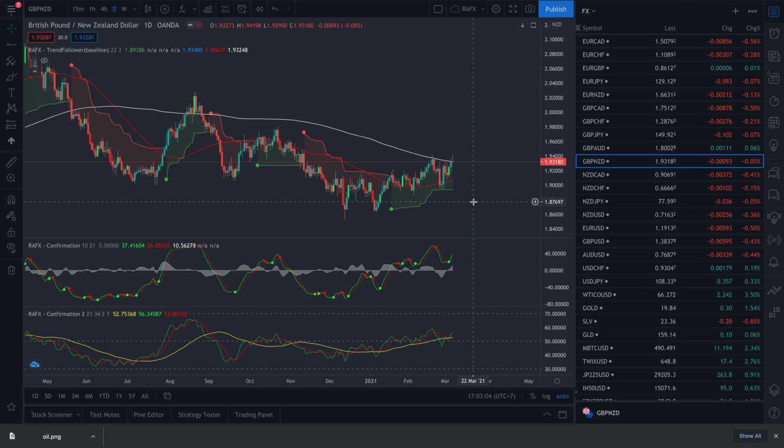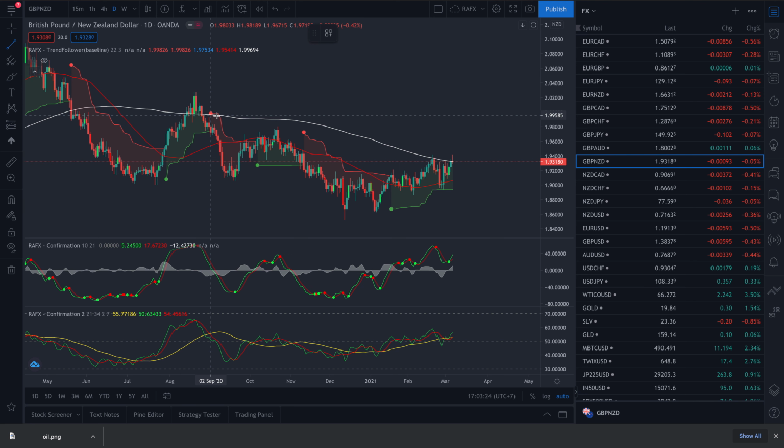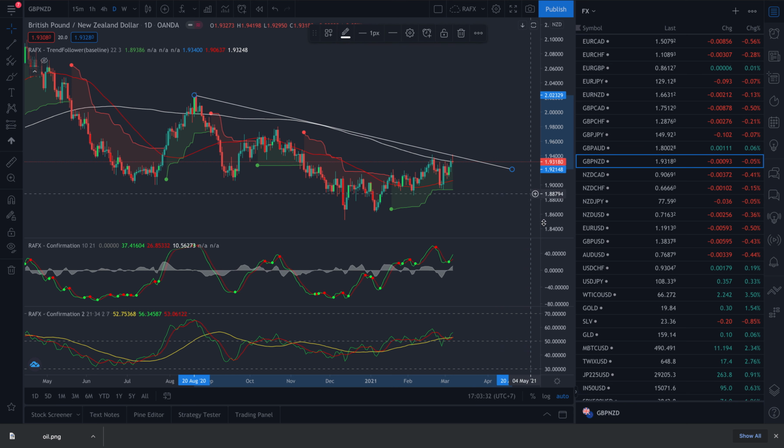So how we are going to confirm that? Aside from that trend line to be broken, we will see if we will find a new higher high in here, or we could also check if this trend line here will be broken. Okay, so I think that's a possibility by next week.